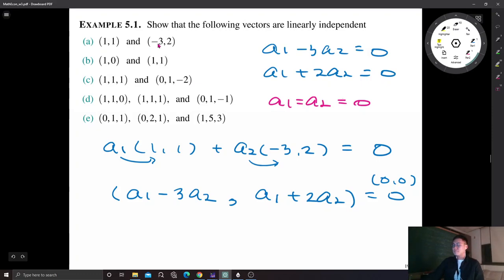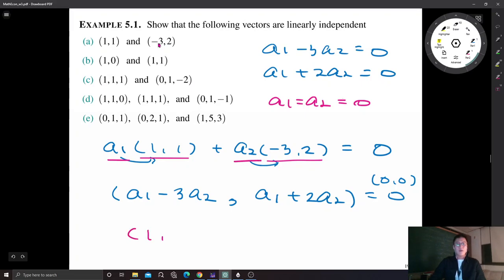In two-dimensional space, it's very easy to see whether two vectors are linearly independent or dependent, because if these two vectors were linearly dependent, then there are non-zero scalars, right?